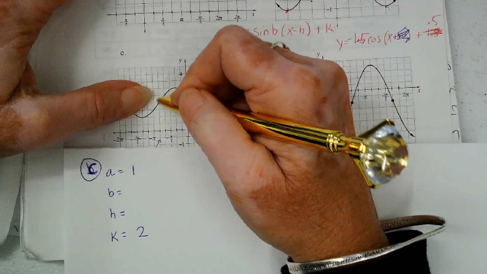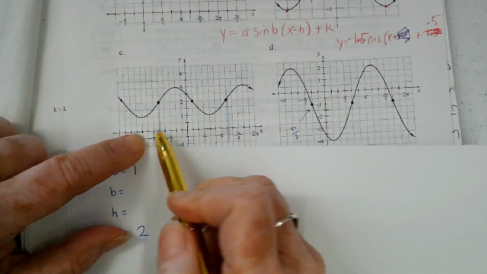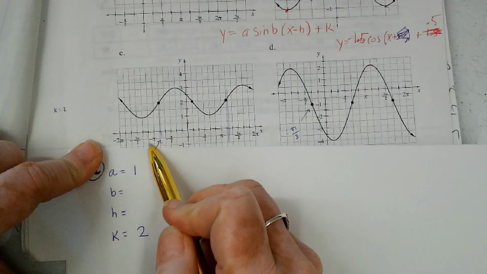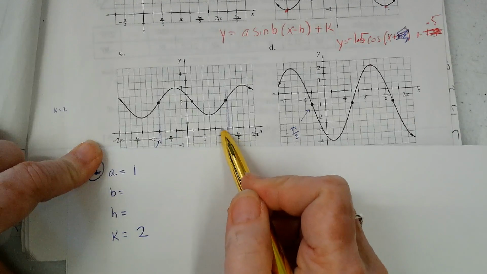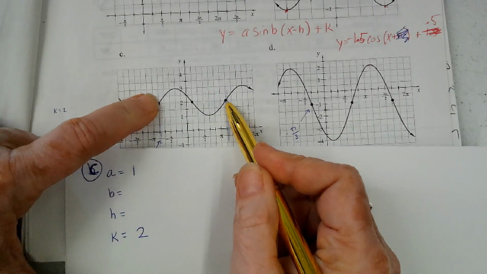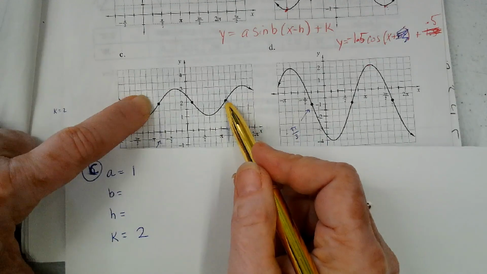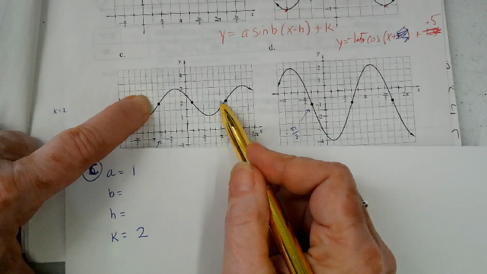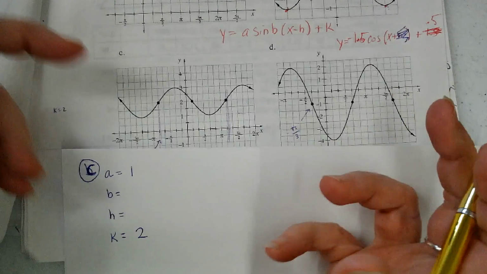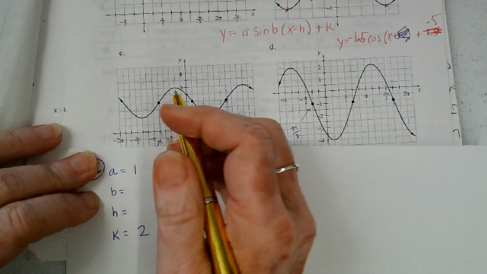But I think it's going to also be 2 pi, because see how that's just scooted over to the right by 1 little click from negative pi, and this one is scooted exactly the same distance from positive pi. If I just scooted both of them over 1 click, it would be negative pi plus positive pi. That's 2 pi. The distance between these 2 points is 2 pi. So I'm just going to let B equal 1.